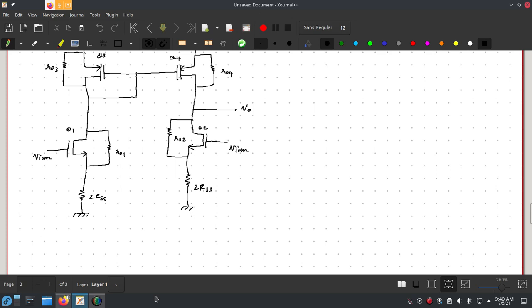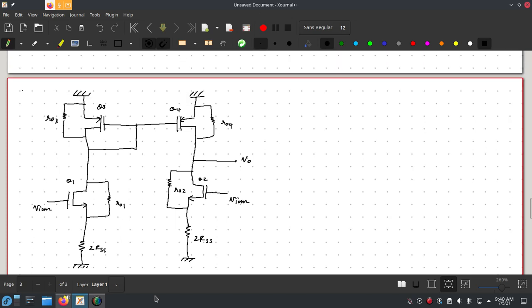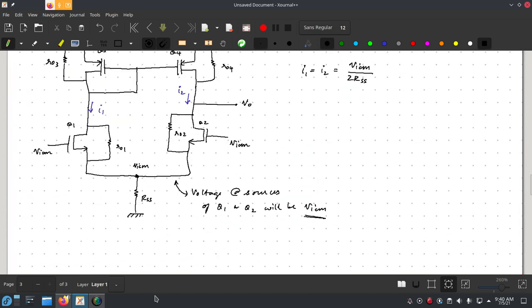Why 2 RSS? Remember, both I1 plus I2 constitute the current flowing through RSS, the bias source which you had here, I. This I is actually I1 plus I2. I've not drawn this I here because I've taken the small signal model directly.